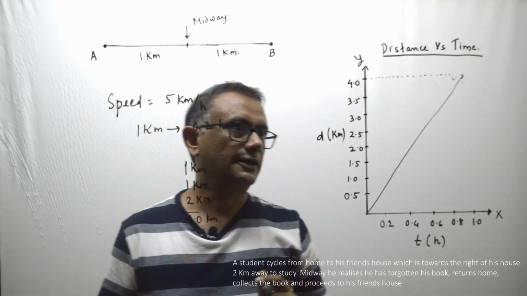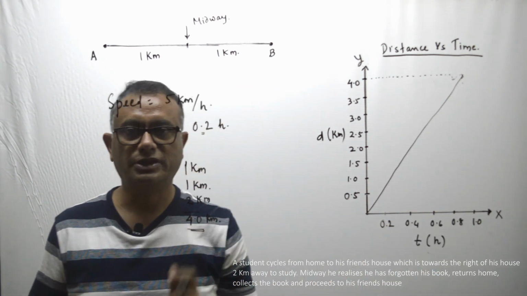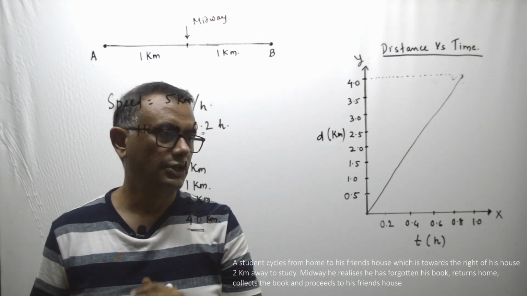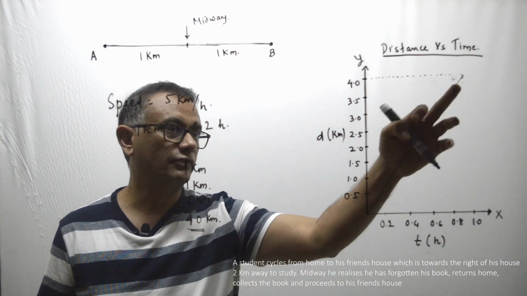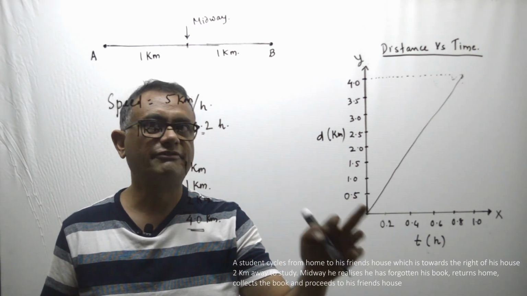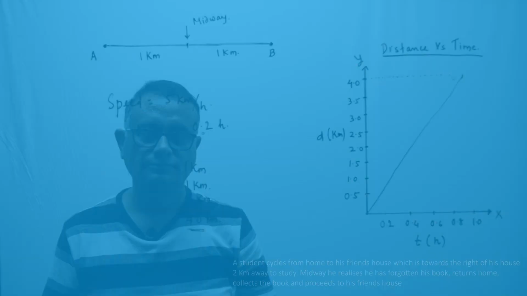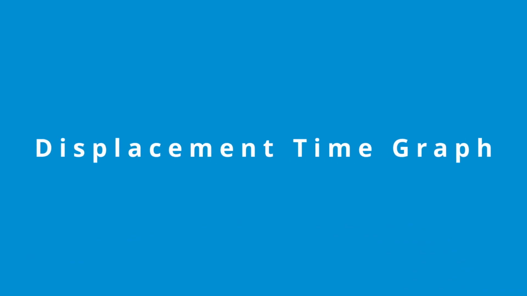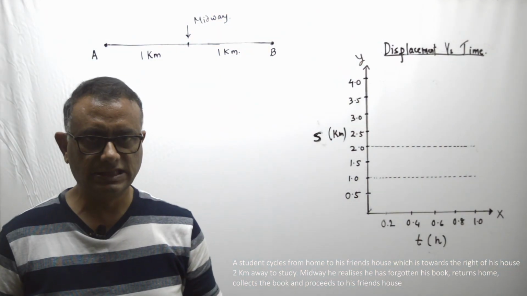I hope it is correctly matching it at 0.8. So this is going to be the distance time graph. I hope you have followed this clearly. If we were to take the slope of this graph, the slope of this graph will yield the speed of 5 kilometers per hour. Hope you have understood the distance time graph.